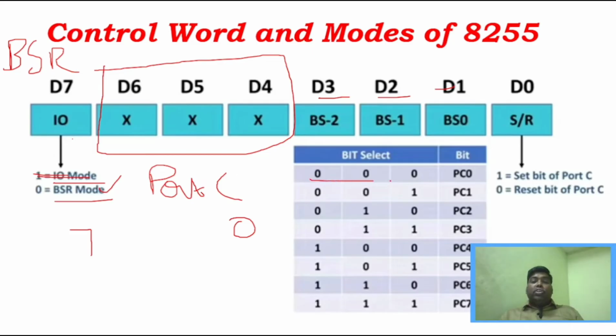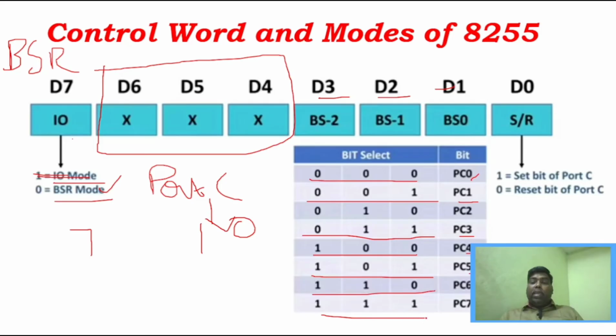If it is 0, 0, 0, then bit 0 of port C is selected, right? And if it is 0, 0, 1, then bit 1 of port C is selected, and if it is 0, 1, 1, then the 3rd bit, and if it is 1, 0, 0, the 4th bit, and if it is 1, 0, 1, it is the 5th bit, and if it is 1, 1, 0, it is the 6th bit, and if it is 1, 1, 1, it is the 7th bit.